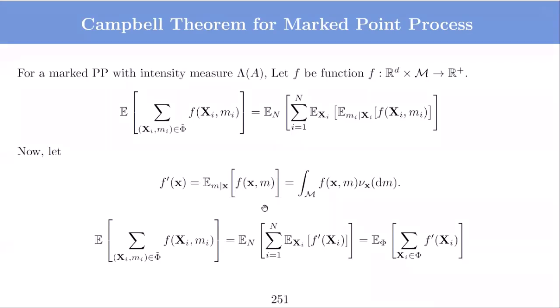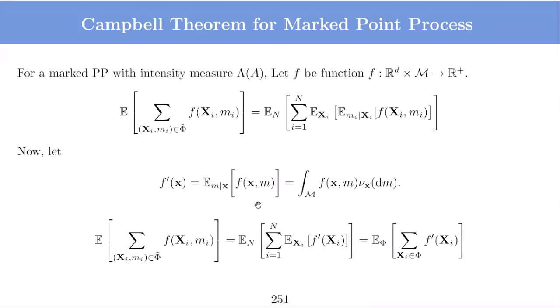Now if you look at this expression, there is a function f(x, m) where m is the mark of x, and then you compute the expectation of m given x. So this is a conditional expectation. Once you compute the expectation with respect to m, it will be a function of x, because x will actually remain. If you change x, the expectation will change. This is a function of x, let's call it f prime of x.